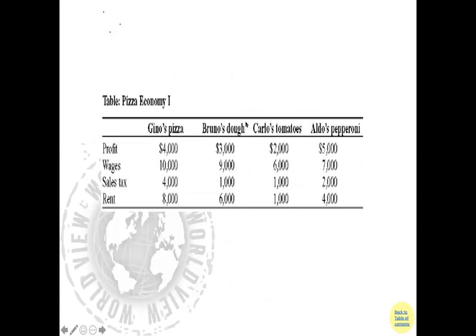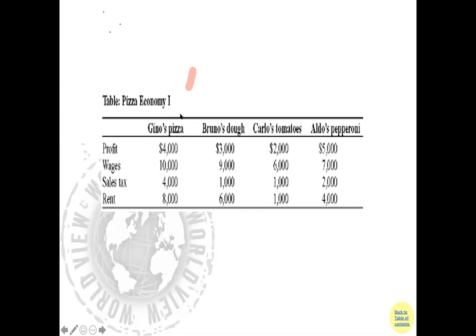Okay, now we look at another example. This is a very simple economy. In this economy, we have four businesses. And we have information on rent, wage, sales tax, and profit. Here I want to emphasize how we are going to calculate via the income approach.